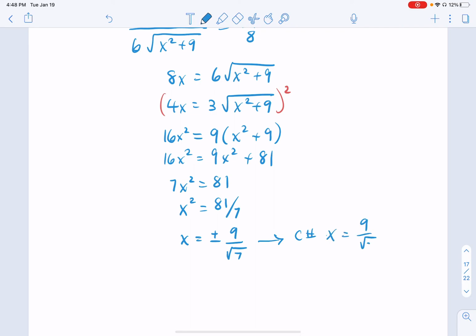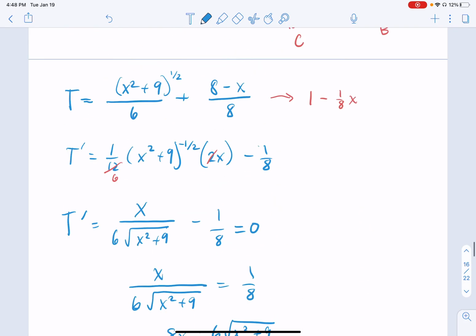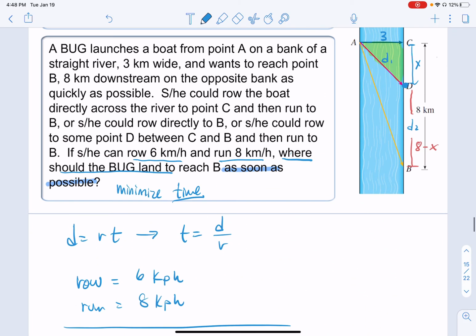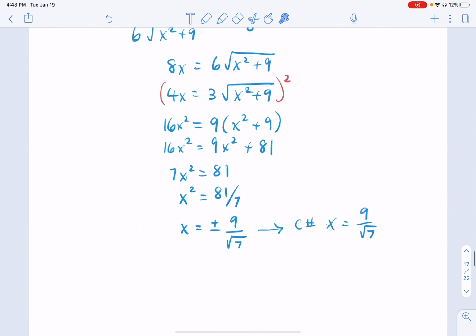over the square root of 7, just for curiosity's sake and because maybe it's going to help us wrap our head around where the bug is actually going to land down the river, if this one is in fact the minimum value.